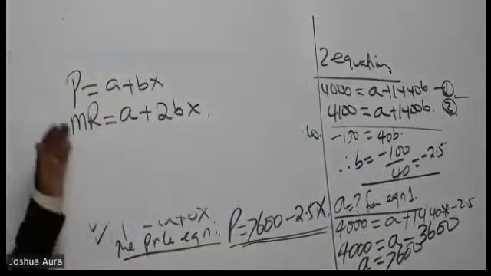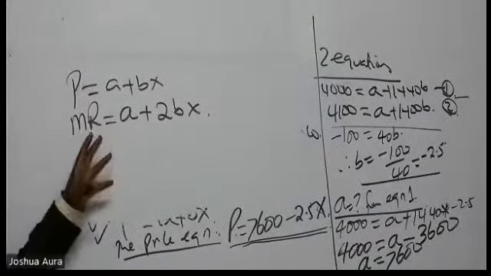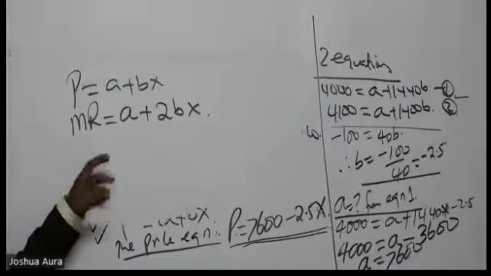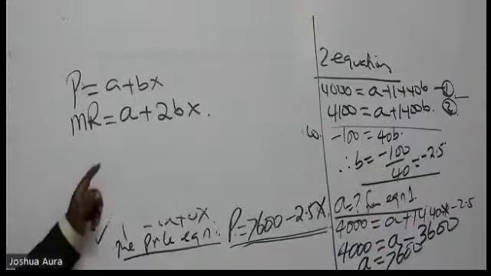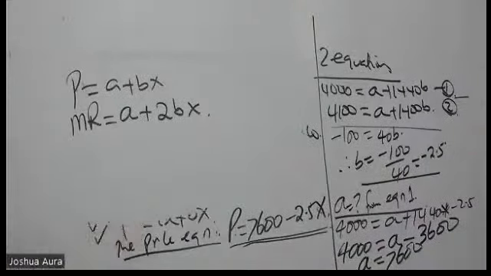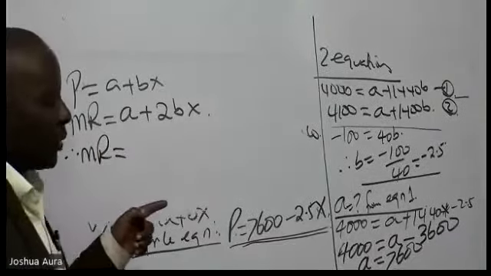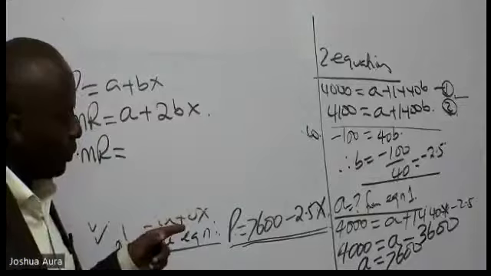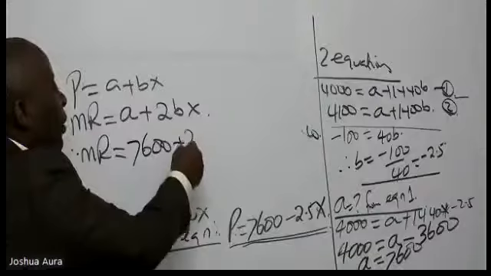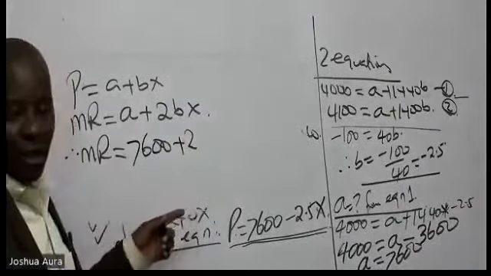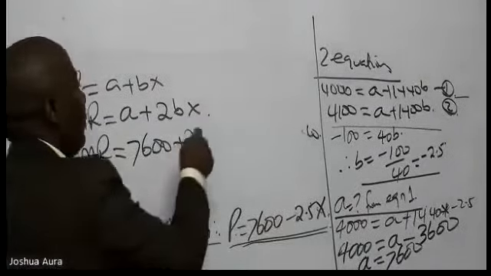In my class, I must have told you that if price is A plus BX, then marginal revenue, as a shortcut, is A plus 2BX. Now in this question, do we know what our A is? 7,600, isn't it? Plus 2, do we know the value of B? Minus 2.5.